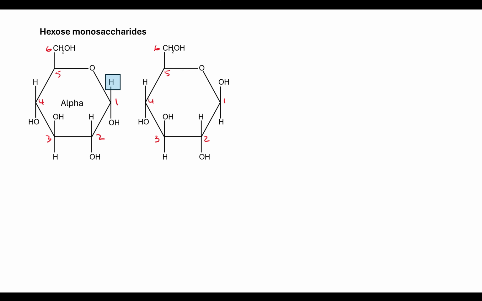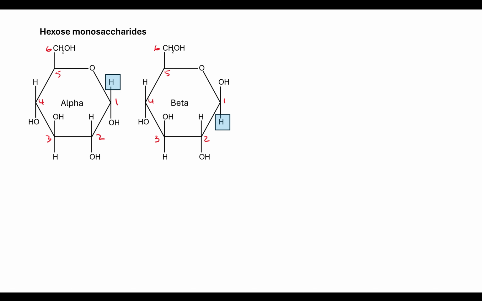Now it's called an alpha glucose because at carbon number 1 the hydrogen is above, therefore the hydroxyl group is underneath. If we look at the other glucose molecule, which is our beta glucose, the hydrogen at carbon number 1 is below, and therefore the hydroxyl group is the other way round.